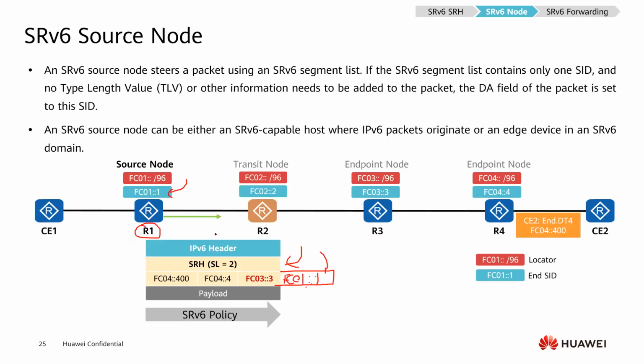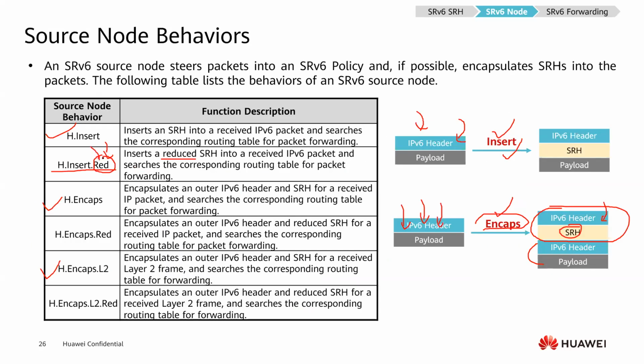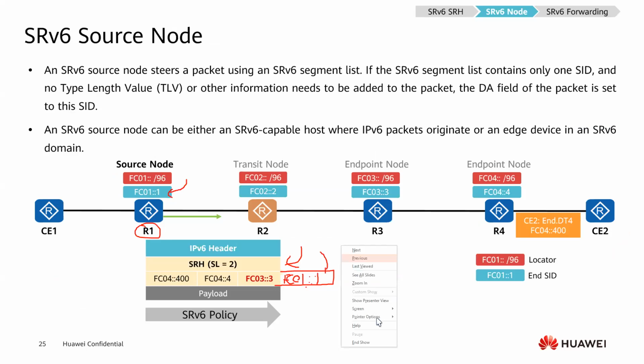With the reduced feature, R1 will not think of itself as the first hop, so it will not encapsulate FC01::1 into the header. Okay, it is different.